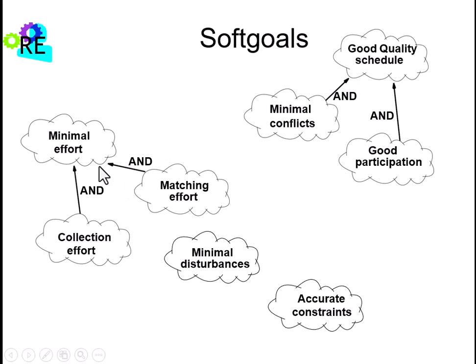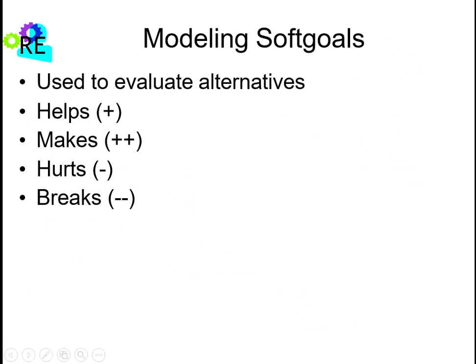And similarly, to achieve the high level soft goal, minimal effort, this means the system should require minimal effort to be developed and to operate. So we need matching effort and collection effort, and both are necessary, mandatory. And these are isolated goals, which means these two goals do not need any sub goals.